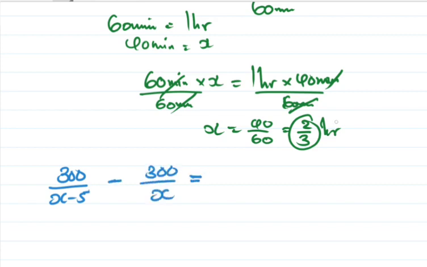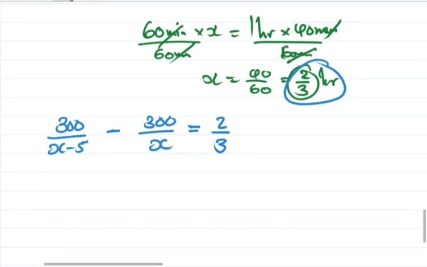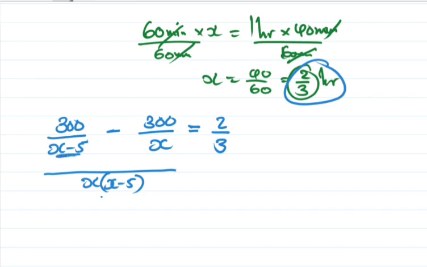The difference is 40 minutes, which is this one, 2 over 3. Then let's find the common denominator here. The common denominator is x, open bracket, x minus 5. Then x times 300, and we're going to have 300x. Then minus.